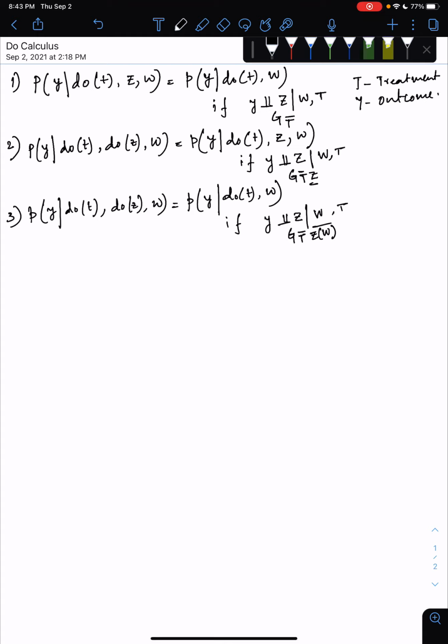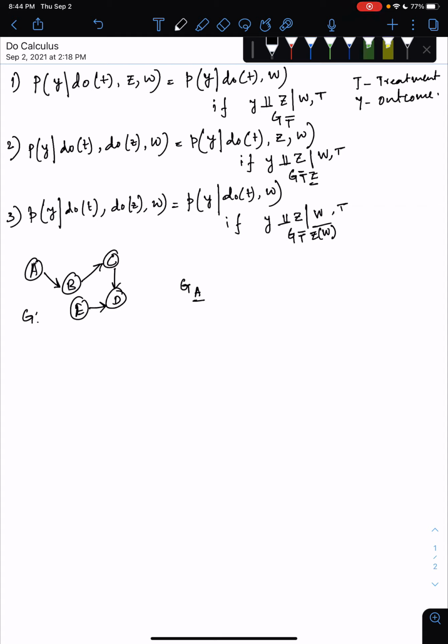When I have a graph like this, with a, b, c, d, and e, and I say something like a with a bar on the downside, this means that we have to remove all the edges that are going out of a.